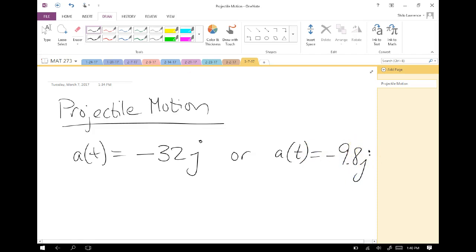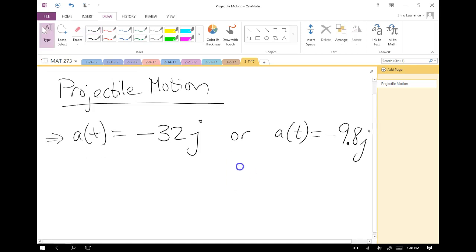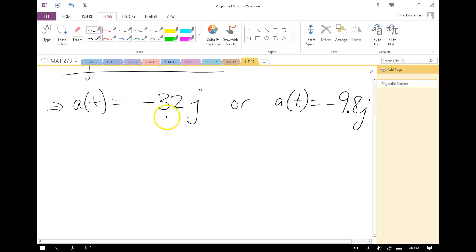If we're in meters per second, it's negative 9.8. So it just depends on what units the problem is using. I'm just going to work it out in feet per second. If we did it in meters per second, it would just end up changing one coefficient in the problem, and that's it. So this is the only value we truly know, is the gravity.